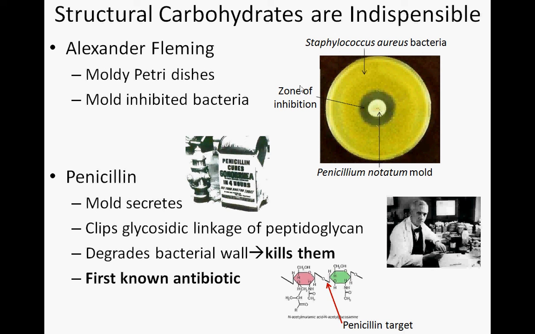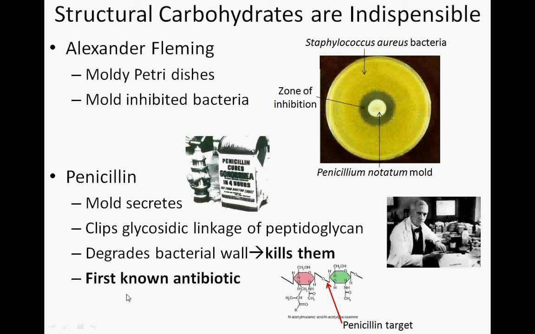What eventually came out of this discovery many years later was that this mold is in fact inhibiting the bacteria by secreting something. This mold is called Penicillium notatum, and so you can probably guess that the compound it secretes that inhibits the staph bacteria is penicillin, which is one of the first known antibiotics.